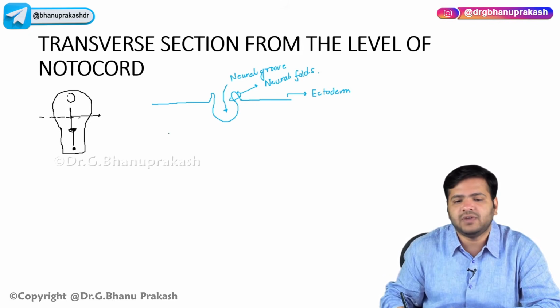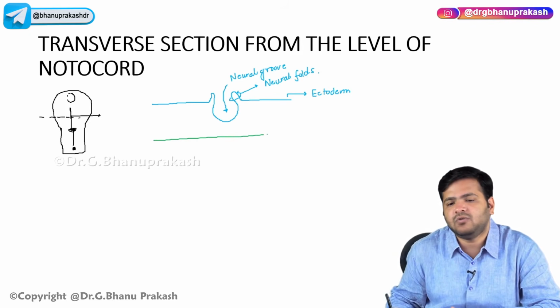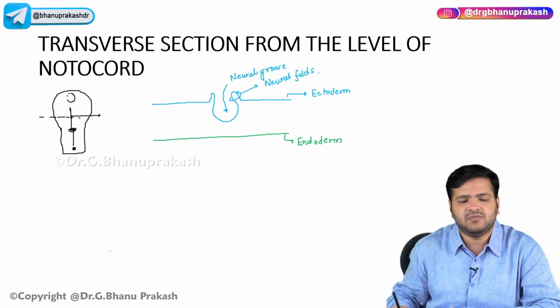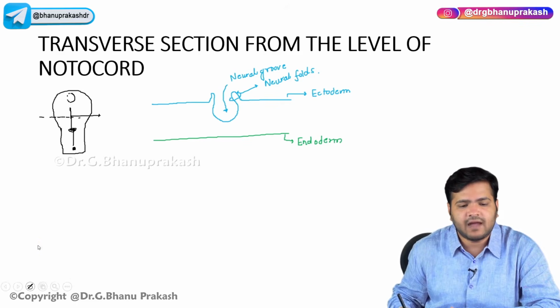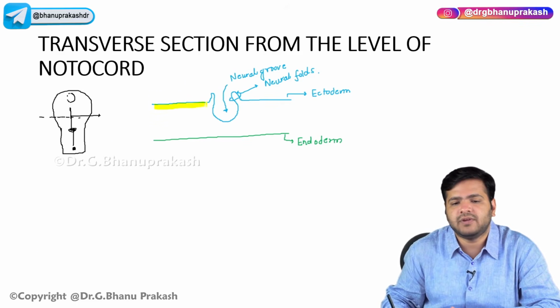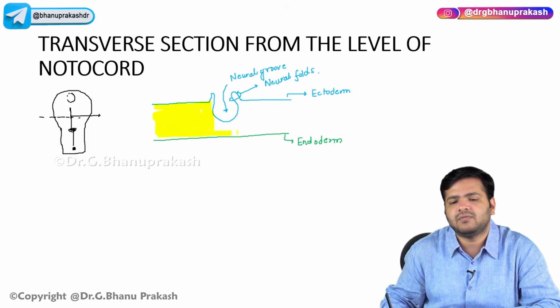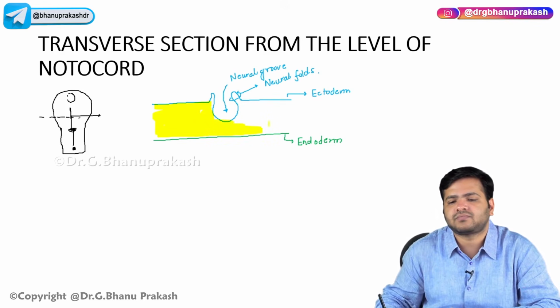And let us just complete the diagram. You already know below we have this endoderm, right? Below we have this endoderm, and in between we have this mesoderm, right? So try to highlight it as we all are doing. This is the mesoderm which is present over here.